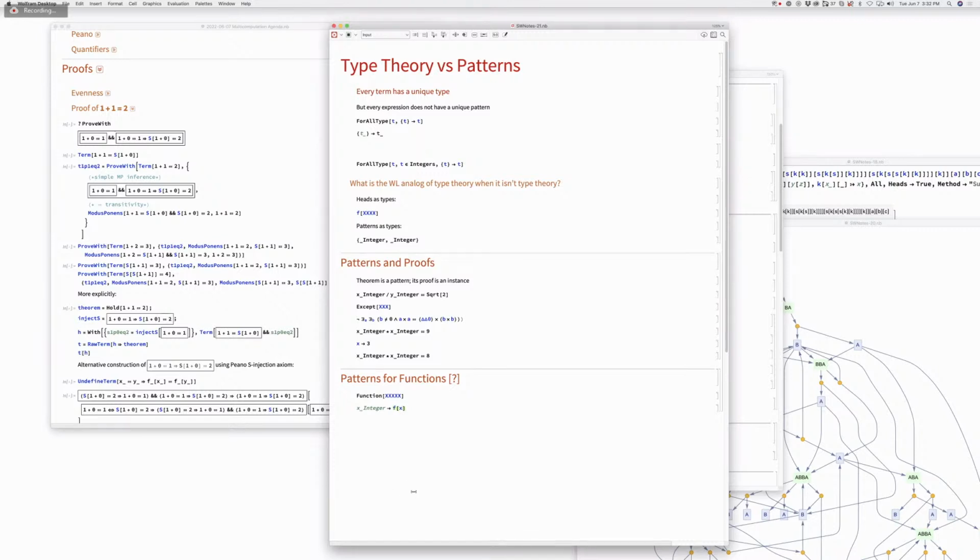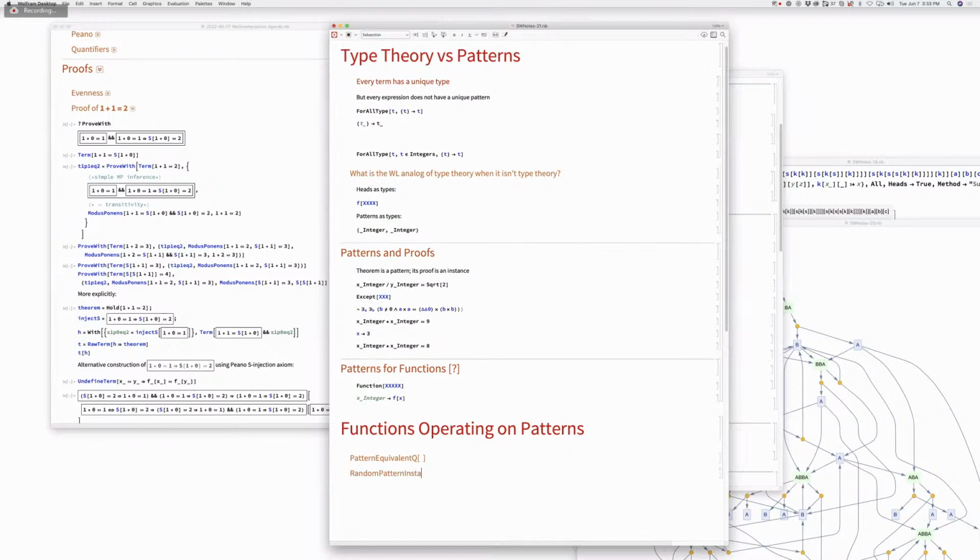Another is random pattern instance. And in this game, do you allow condition or not? Clearly allowing condition makes this unbelievably much more complicated. So that's why I'm asking. Let's start off with not allowing condition. Okay.